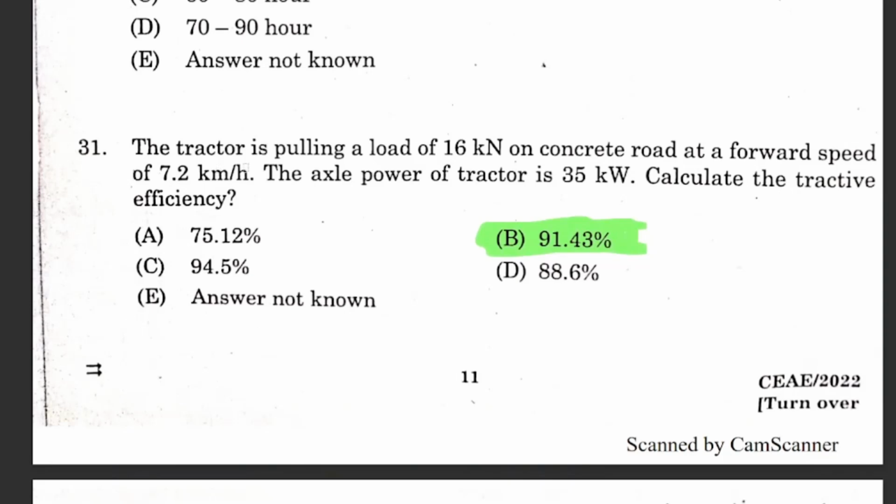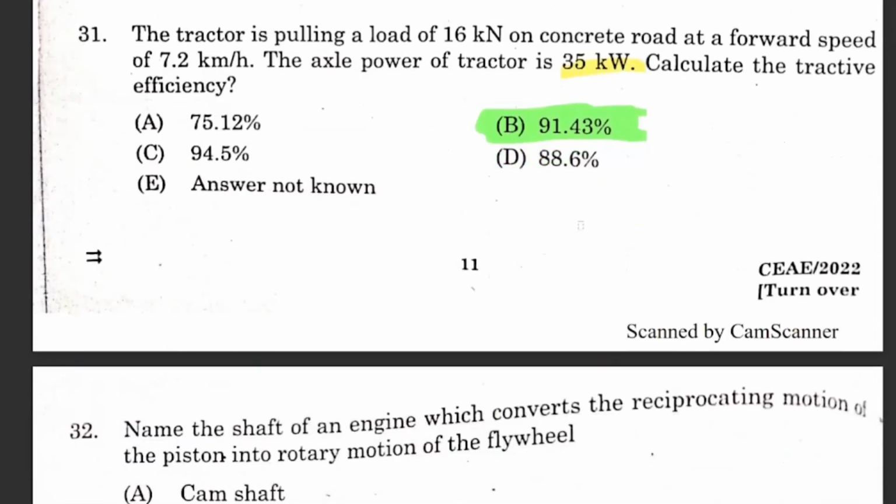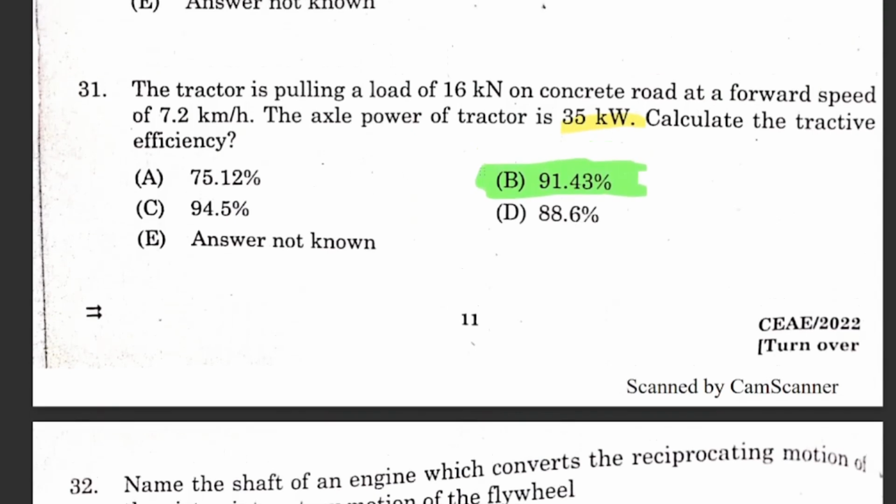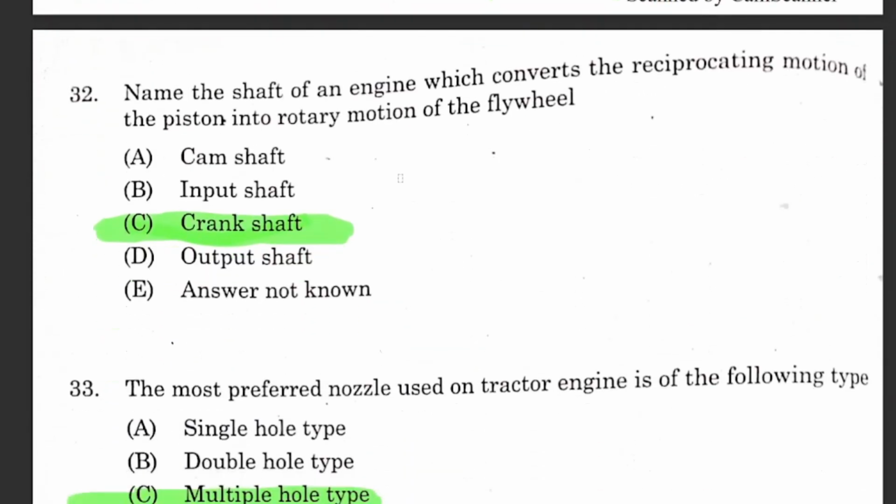The tractor is pulling a load of 16 kilonewton on concrete road at a forward speed of 7.2 km per hour. The axle power is 35 kilowatt, and calculate the tractive efficiency. So here after calculation 91.43% is tractive efficiency.